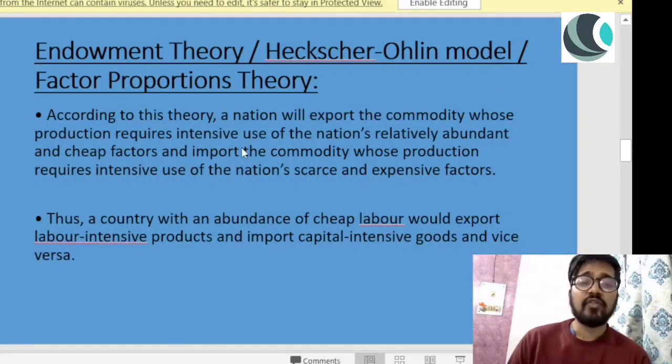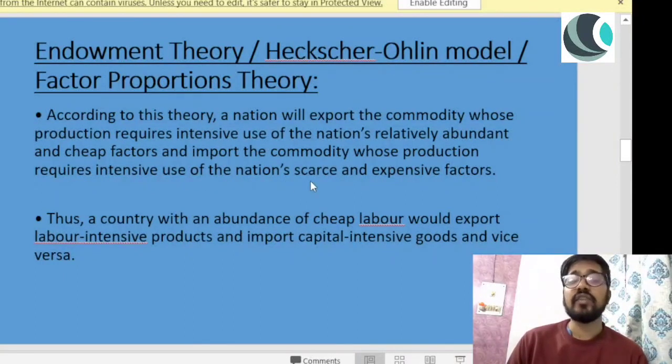Now we have to import the manufacturing products made from heavy industries, the commodity whose production requires intensive use of the nation's scarce and expensive factors, because heavy machinery is expensive and it's scarce, as in they don't have it in much abundance.